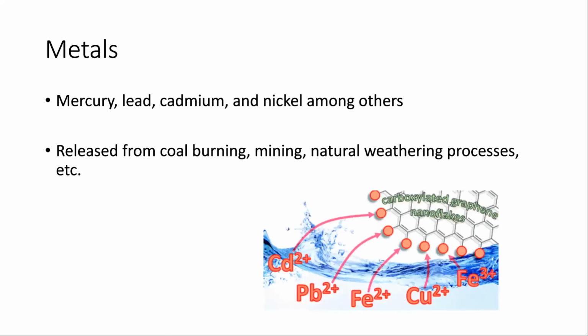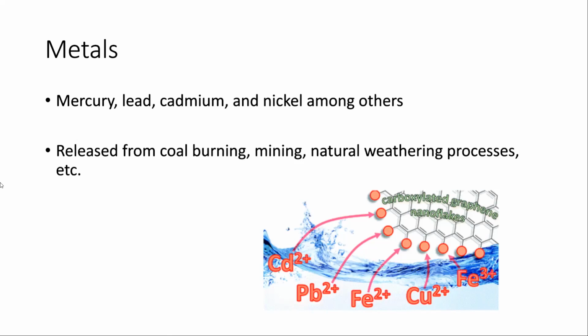And then another class of pollutants is going to be the heavy metals. So we've talked about these quite a bit with combustion of fossil fuels, the leaking from mines, especially after they're not closed properly, but other processes can release these, including natural ones. So things like volcanic eruptions can release metals into the atmosphere. They can ultimately make their way into the different bodies of water.